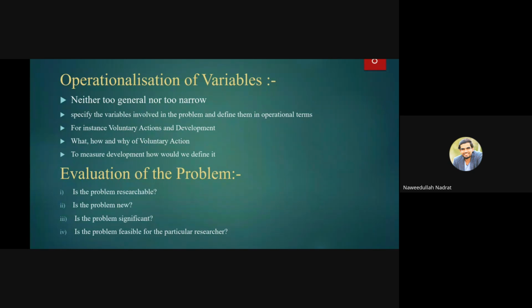So, the first step to understand how to operationalize your variables during formulation of hypothesis is that it has to be neither too general nor too specific. That means the specificity of variables is basically practical.